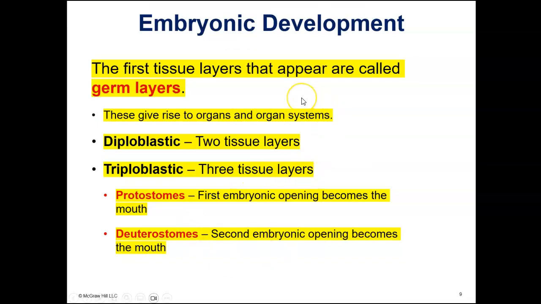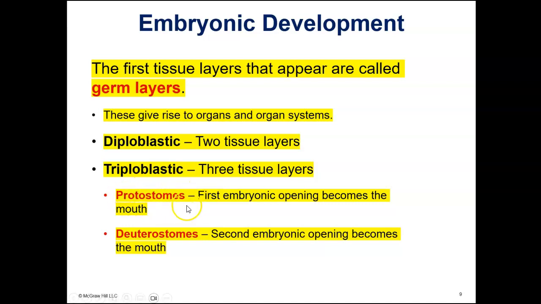The first tissue layers are called germ layers, and they give rise to organs and organ systems. Animals that have only two tissue layers when they are developing in the embryonic stage are called diploblastic. And animals that have three tissue layers are called triploblastic.